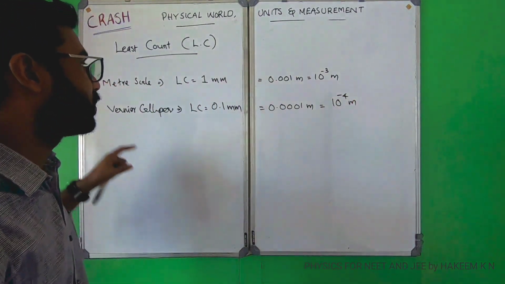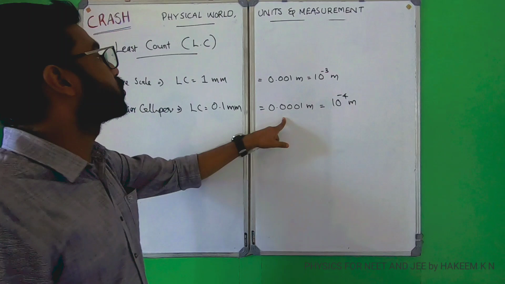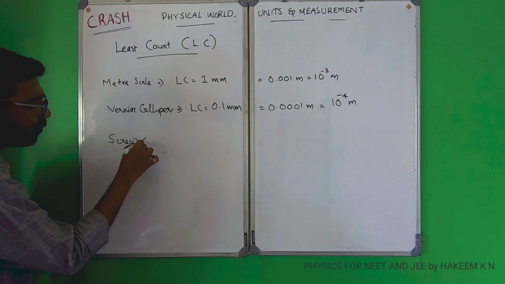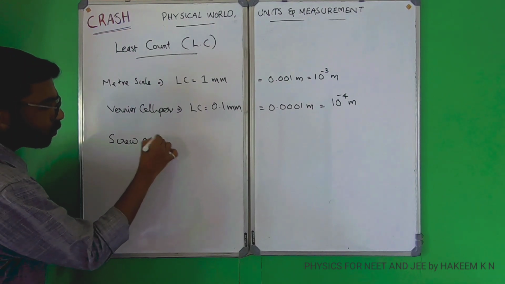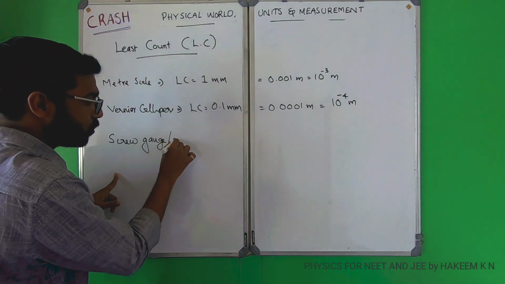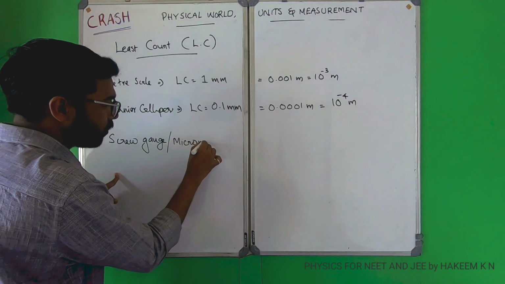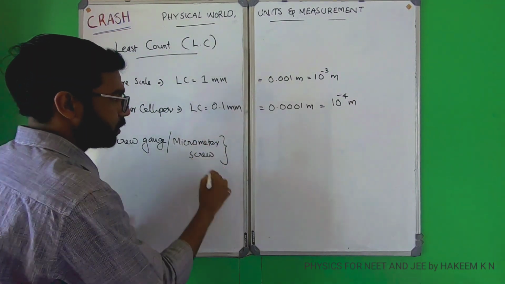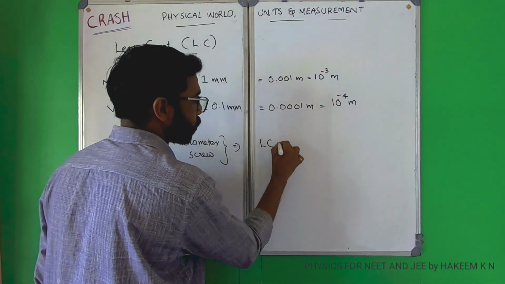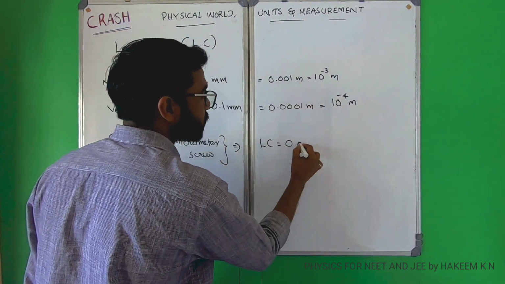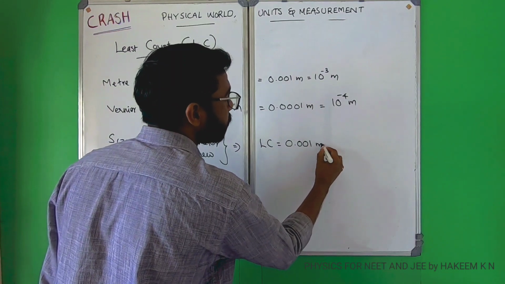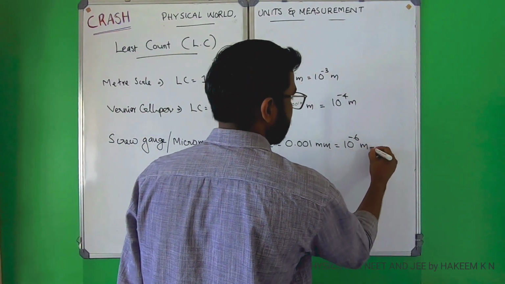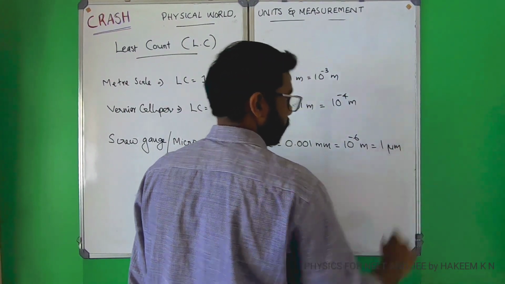From the least count, we can identify the device. An ordinary screw gauge, also called a micrometer screw, has a least count of 0.001 millimeter, that is 10 power minus 6 meter or 1 micrometer.